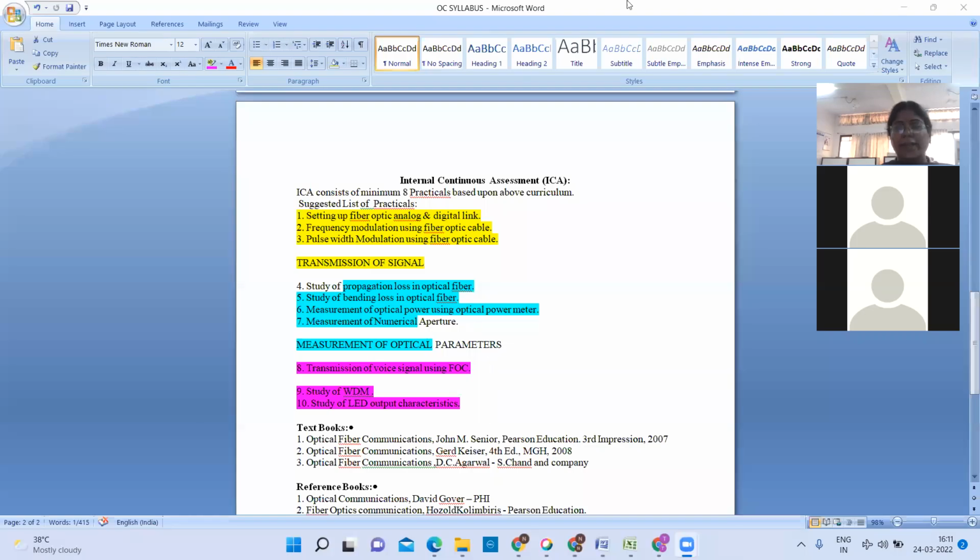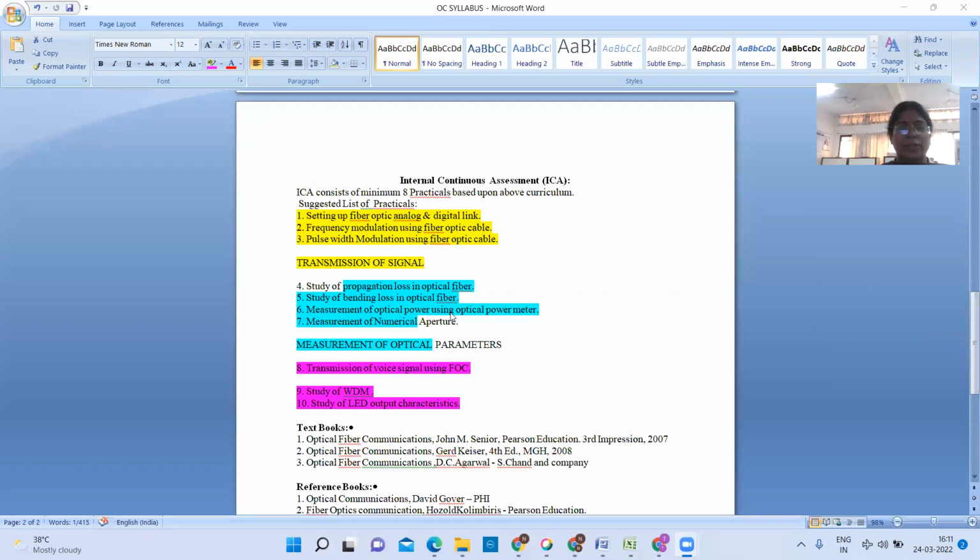Yes, did you get the idea about these practicals? What we have to conduct in optical communication? First three practicals are based on transmission of the signal through fiber optic cable. Next four are measurement of optical parameters. We have to measure the propagation loss, bending loss, optical power, and measurement of numerical aperture.